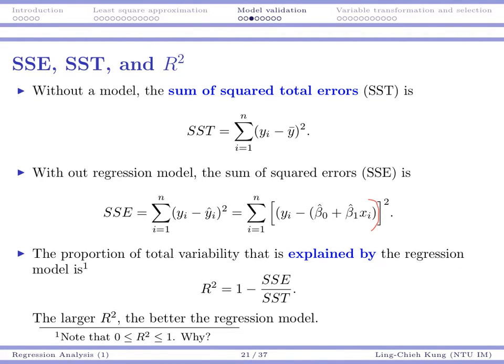Okay, it may be 60. That means 60% of the variability can be explained by our model. 40% is still random noise that we cannot control. If R² is 80, that's even better, because only 20% is random noise that we cannot explain. So the larger the R², the better the regression model.